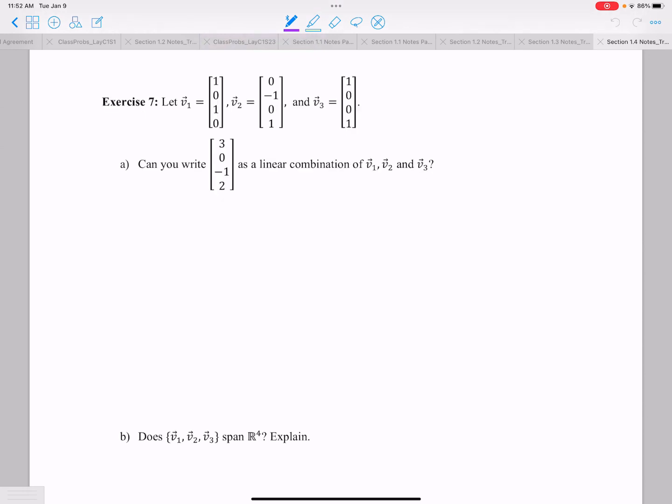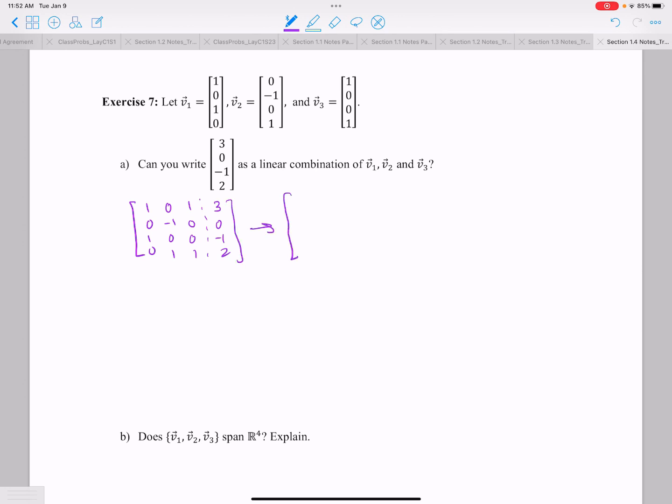Exercise 7 is very similar. It's giving you vectors v. They are in R4. They have 4 components. And it's asking, can you write 3, 0, negative 1, 2 as a linear combination of those v's? Same kind of thing. We're trying to find our weights. So writing this in augmented form, the columns, I'm going to augment that with 3, 0, negative 1, 2.